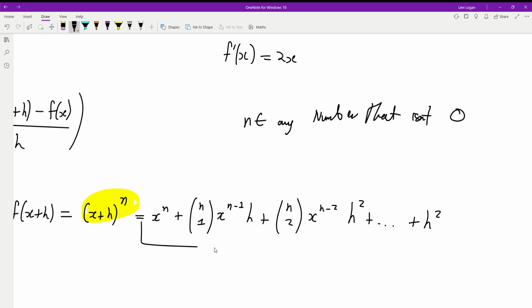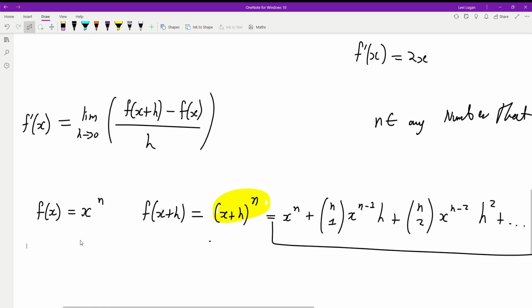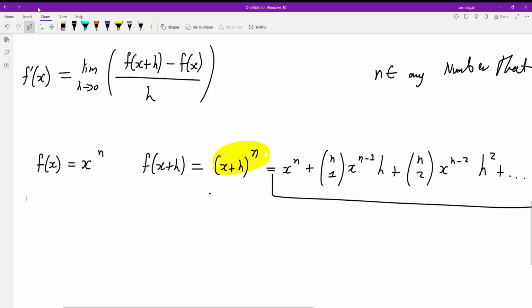So that's the generic expression for expanding a polynomial. What I just did there was use the binomial theorem. Righto, so now all I'm going to do is plug this into here and this into here.